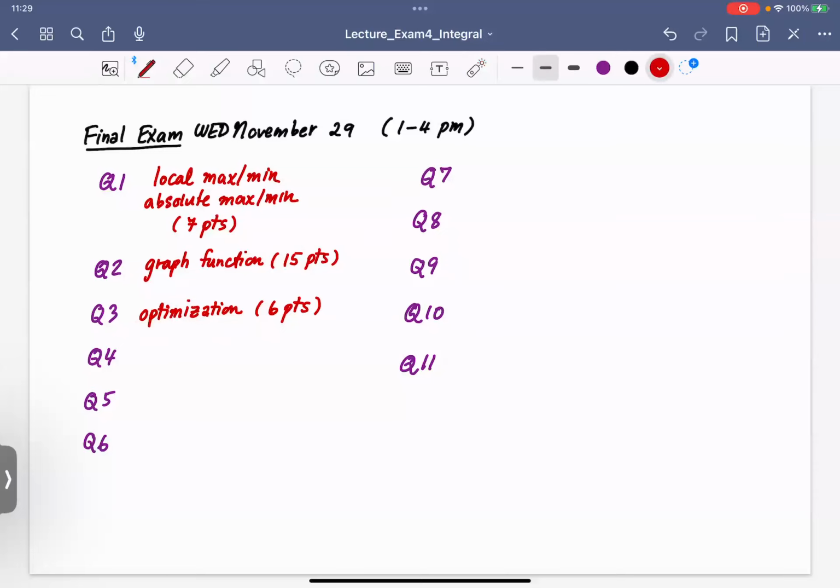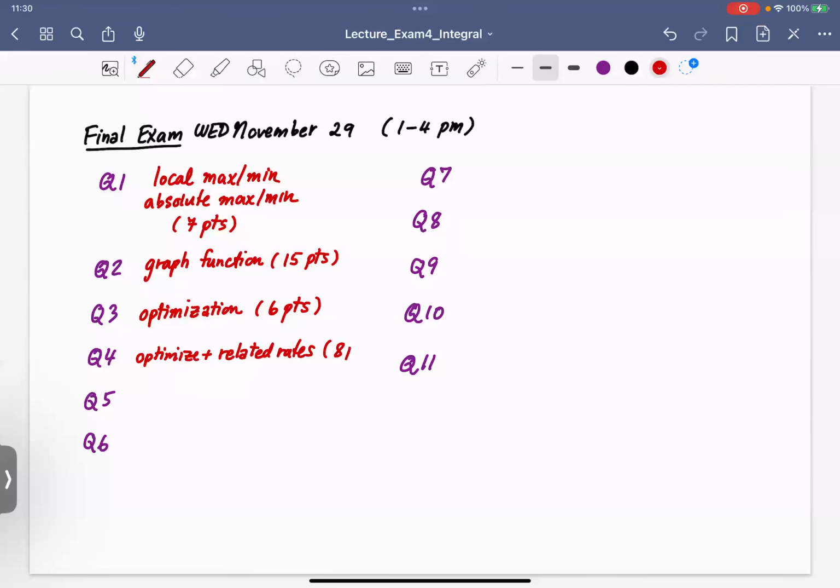All right. Question 4 is gonna be optimization as well, but it's gonna come with related rates in one question together. This is going to be a little bit complicated, with optimization and related rates together in one question.